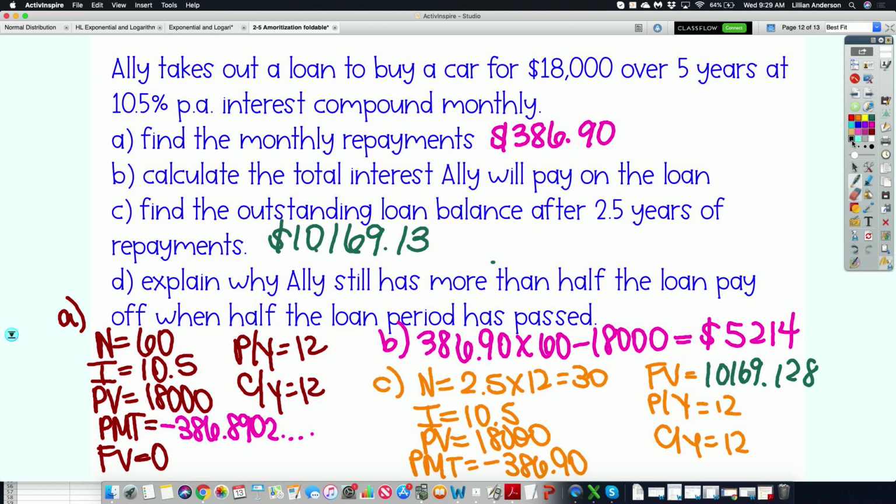So interest is really high at the beginning and really low at the end, whereas your principal amount goes from really low to really big. Does that make sense? I think I might need to visually show that. Yes, it is the interest, but the reason is that interest is higher at the beginning of a loan versus at the end.